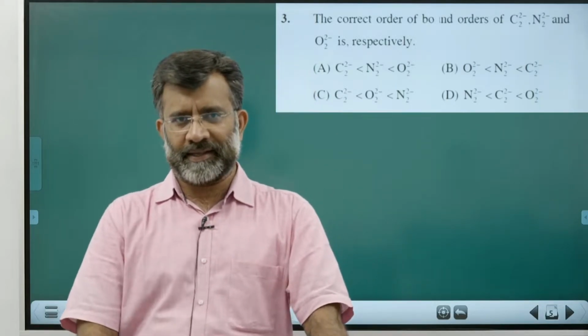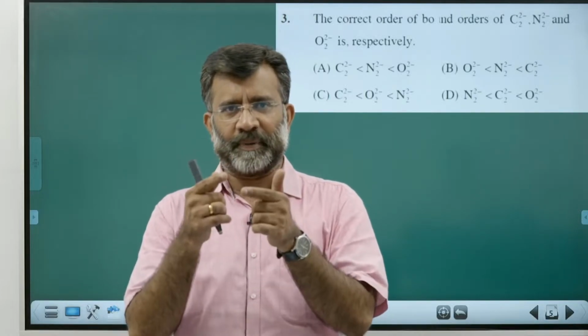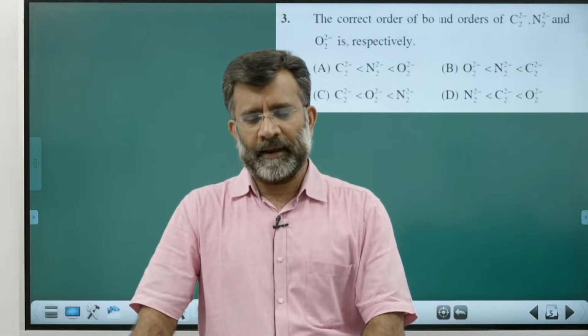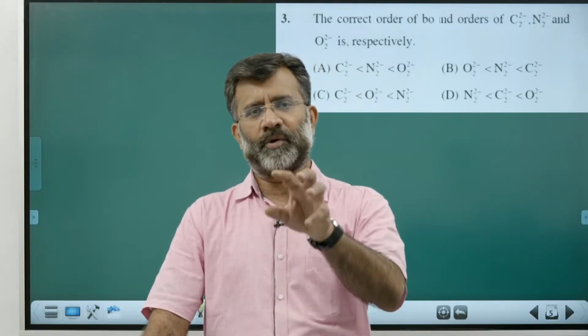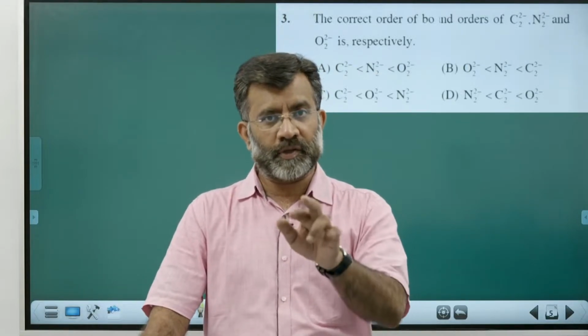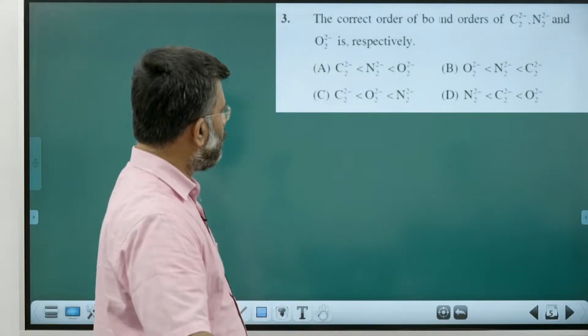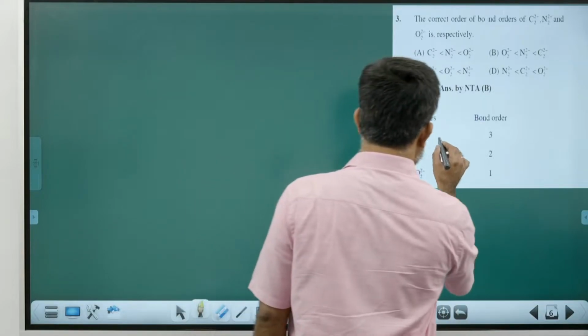Whereas for nitrogen, there is a difference between sigma 2pz and pi 2px, pi 2py. There will be a change. For nitrogen as well as carbon, you can write almost the same configuration. For oxygen, you will write a different configuration to find the bond order. You know the values.